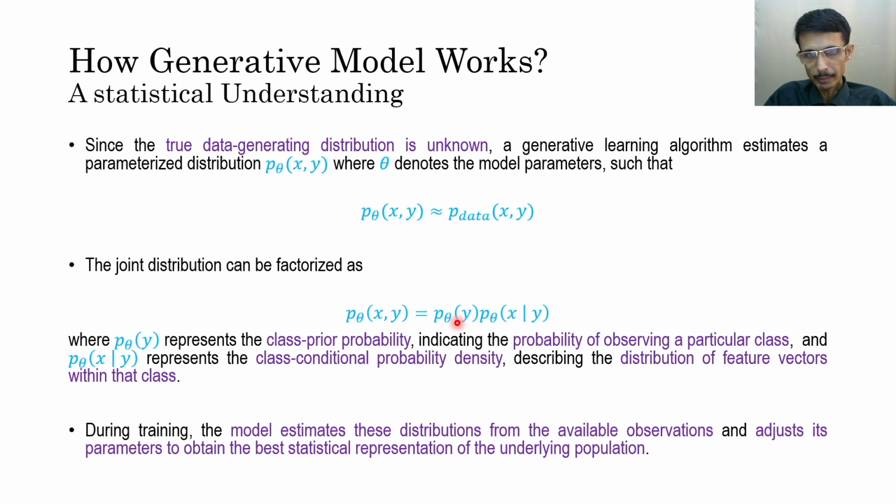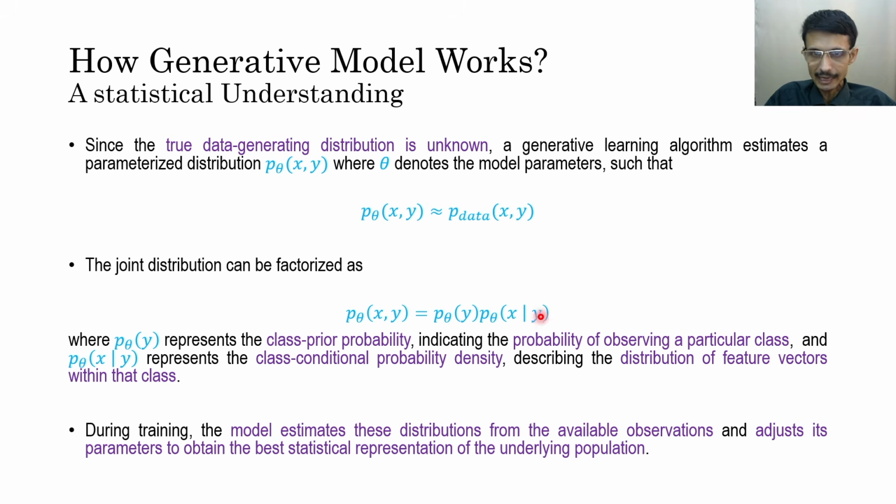That is the prior probability, because we don't know anything else at this moment. And then p theta (x given y) represents the class conditional probability density. What do we mean by class conditional probability density? It describes the distribution of feature vectors within that class, and that is very important.